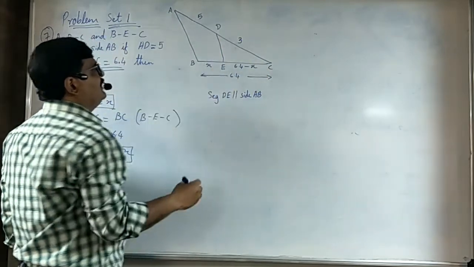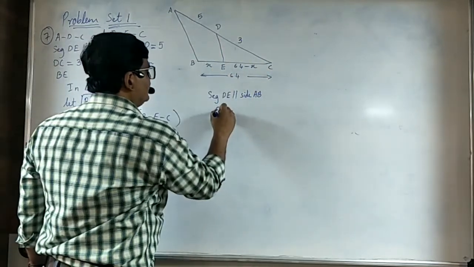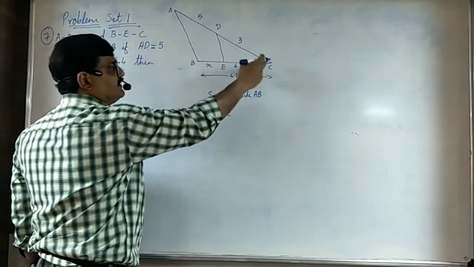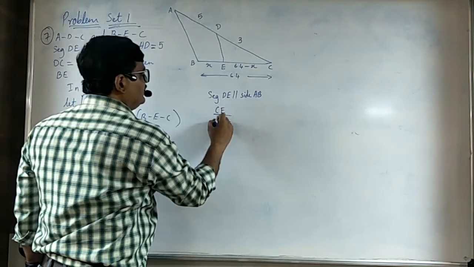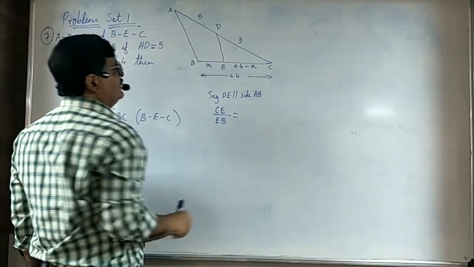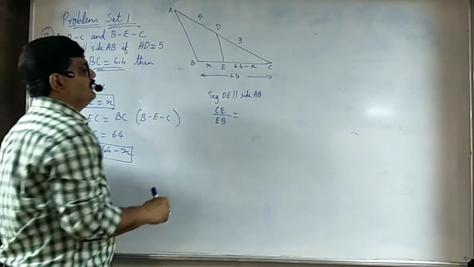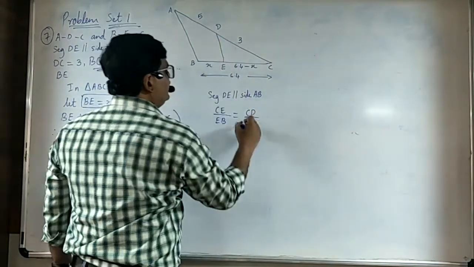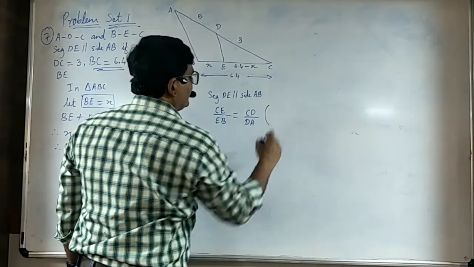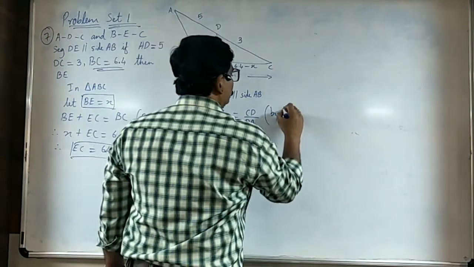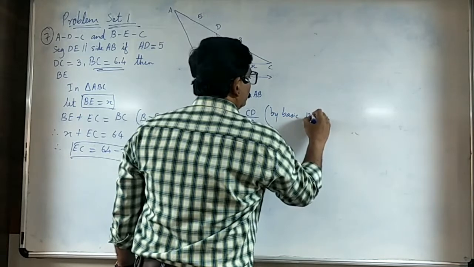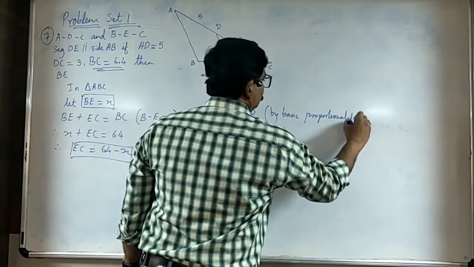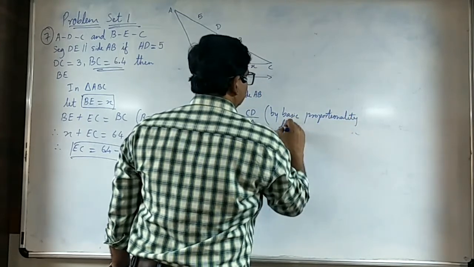Since DE is parallel to AB, you have to start from CE. Because this line is parallel to this side, you start from here. CE upon EB is equal to CD upon DA, and in brackets you write by basic proportionality theorem.